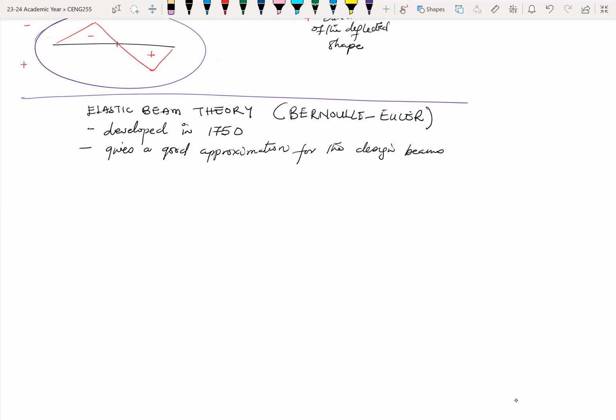One of the most common ones is the Timoshenko beam theory, which is a bit more complex and a bit more accurate than the Bernoulli-Euler theory. But the Bernoulli-Euler theory is much more simple. And again, in design, we are dealing a lot with probability. All right. So there isn't the need to be 100% precise. As long as you are within a range of acceptable probability, then your design should be considered safe. All right.